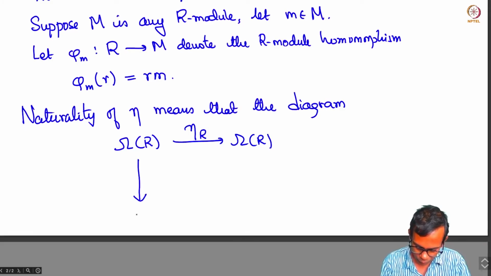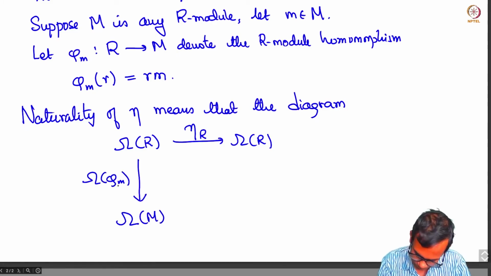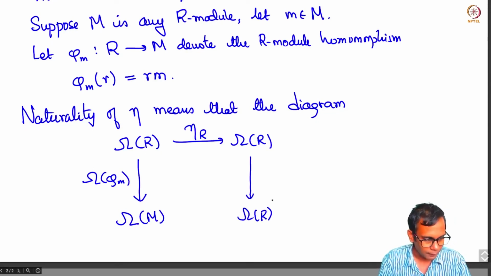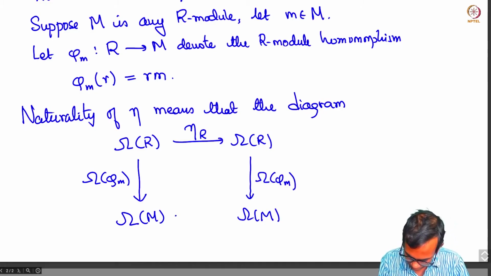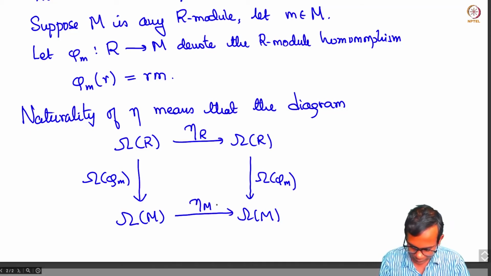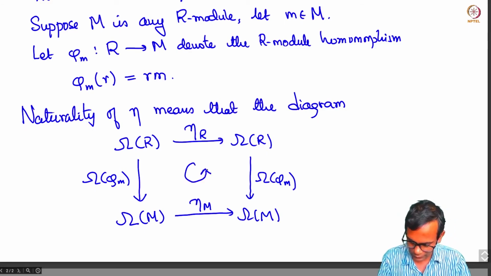Then we have omega R to omega M, which is omega phi M, which is just phi M as a function. Here we have omega R to omega M, also omega phi M, so again phi M as a function, and here we have eta M. Naturality means that this diagram commutes. We signify commutes by drawing a circular arrow like this.